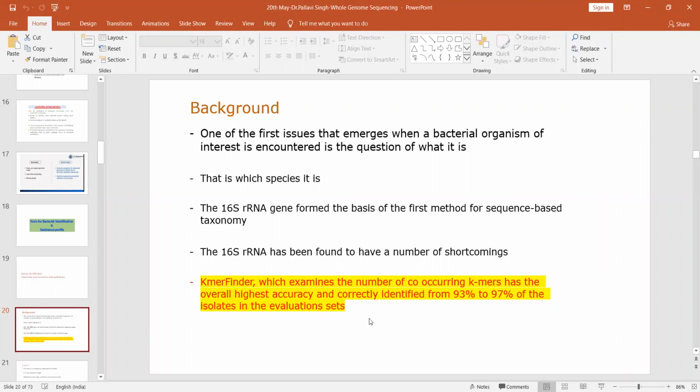So K-MER finder is the tool which tells us the number of co-occurring K-MERs in the unknown genomic sequence that map correctly to 93 to 97% of the isolates. Isolates means known bacteria, 93 to 97% of the known bacteria in the evaluation set.